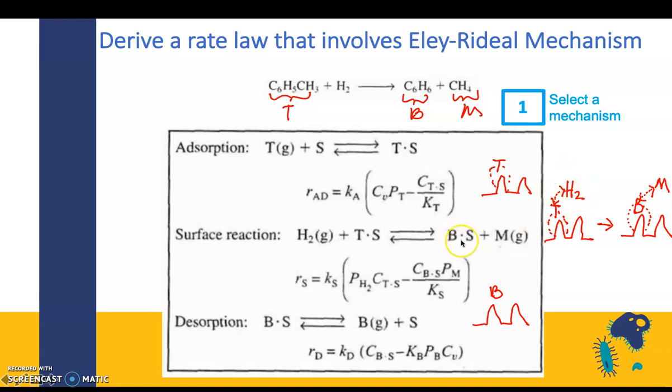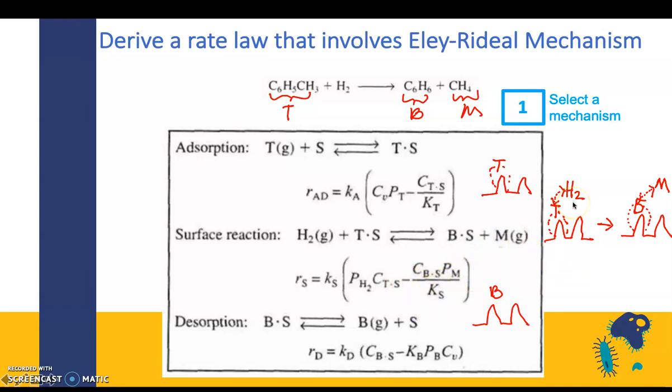So it becomes benzene attached to the surface plus methane gas. When we derive the rate law for the surface reaction step, it is Ks. The hydrogen is in the gas phase, that's why it's P_H2. T·S is C_T·S, and then C_B·S, P_M, because methane is in the gas phase. If it is in the liquid phase, it is C_M, over capital K_S.